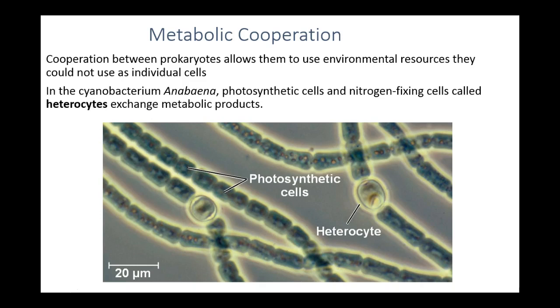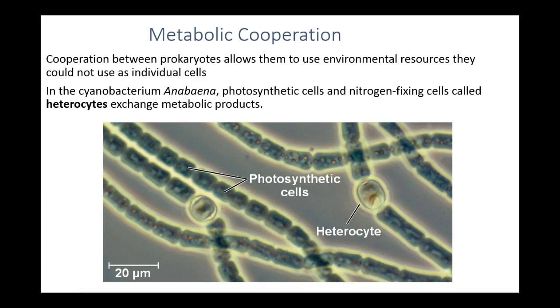So you have cells that can photosynthesize and form energy that way, but then you have these heterocytes that are nitrogen fixers. These cells cooperate together in long chains. Both processes can carry on at the same time, even though normally something that fixes nitrogen would be rendered inactive in an oxygen environment.